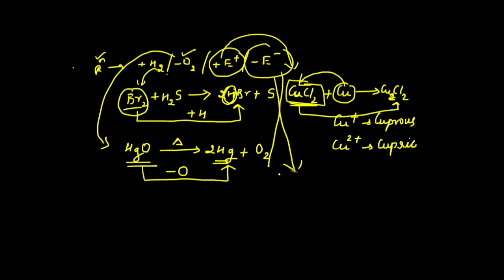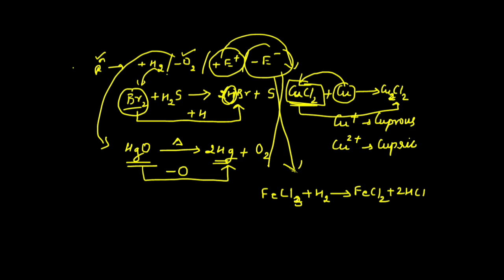take a very simple example. FeCl3 plus hydrogen giving FeCl2 plus 2 molecules of HCl.